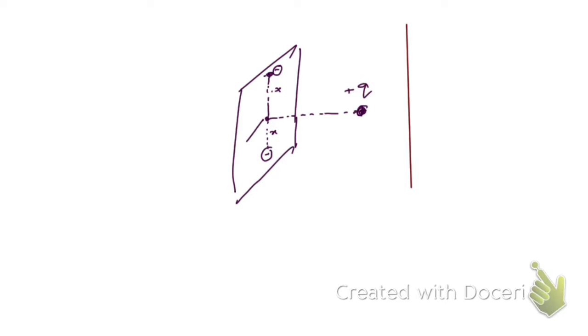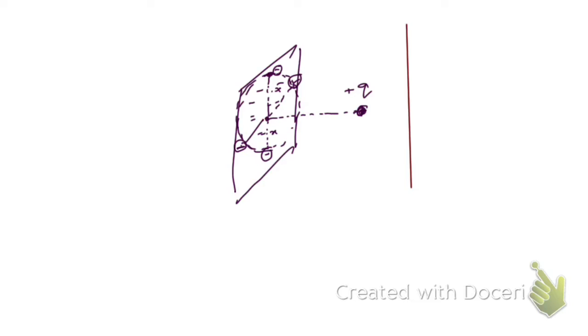Similarly, if negative charge is induced on this side, then at the same distance another negative charge will be induced. So this will be circular. That means the region in which the charges will be induced on this plate will be circular.